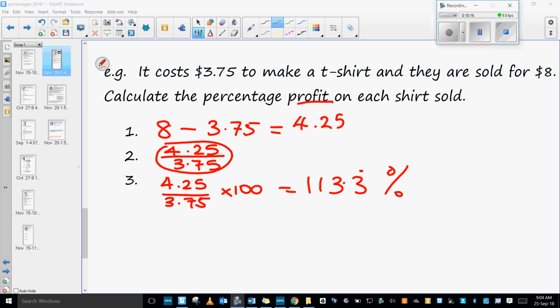So if you're making 100% profit, it means that whatever it's cost you to make something, you're getting that money back, and you're making more than that. So if we look here, we've made $4.25 each t-shirt we sold, and it only cost us $3.75 to make it. So we've got our $3.75 back, and we're making some more money. So that's a really good profit to make.